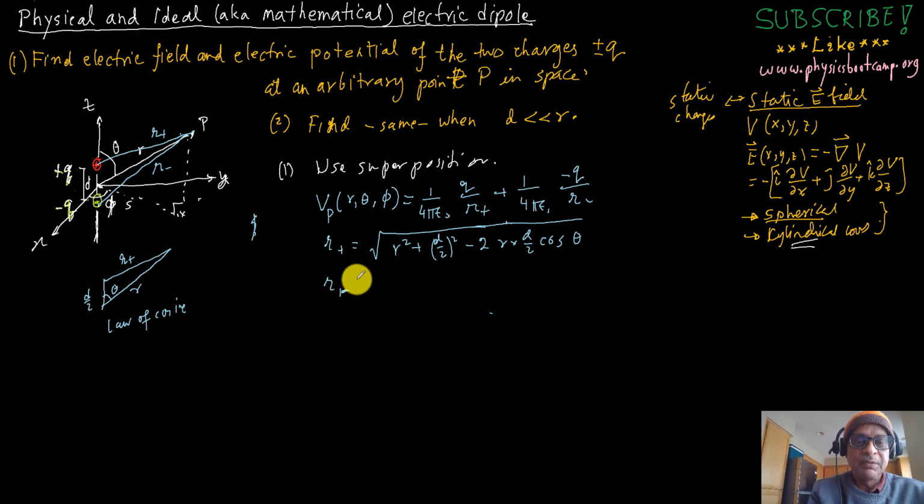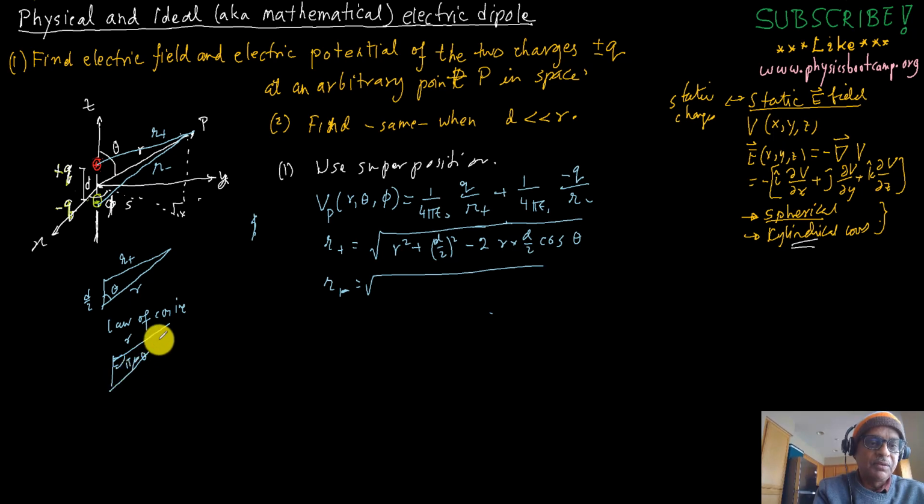r minus will be the square root of, let's see what that turns out. This is r, and this is pi minus theta, and this is r minus and d over 2. So this is r squared plus (d over 2) squared minus 2r d over 2 cosine of (pi minus theta).